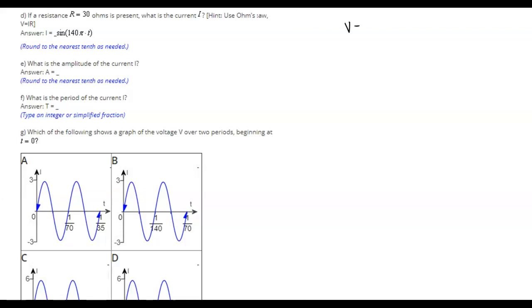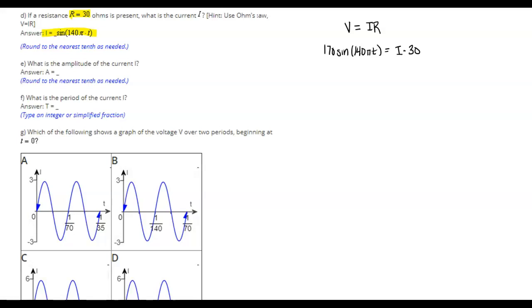Well, if we know V equals IR, we were given V of being 170 sine 140 pi t equals I times 30, because we were given R was 30 ohms. Well, let's get I by itself because that's what it's asking. It says I equals blank sine of 140 pi t.